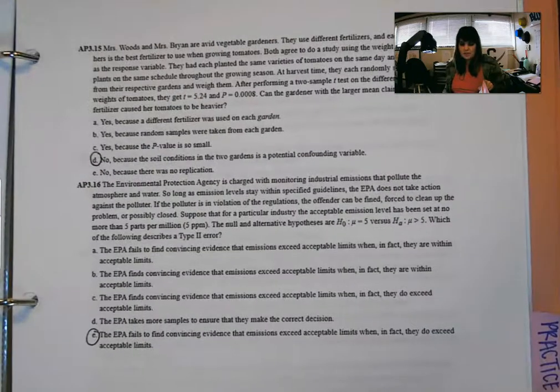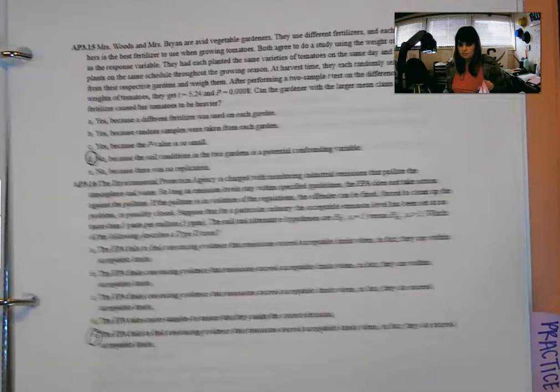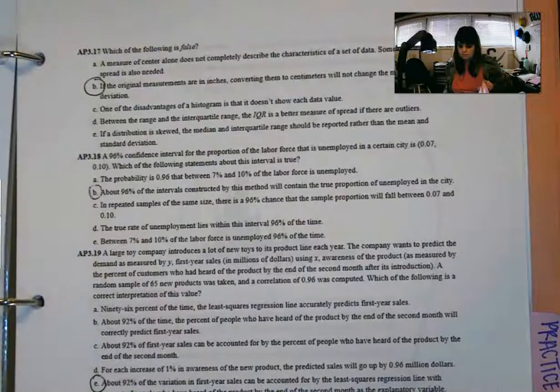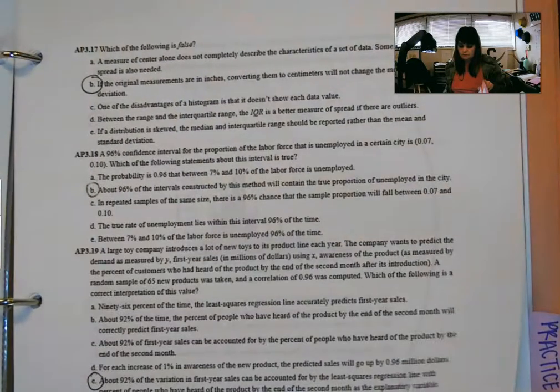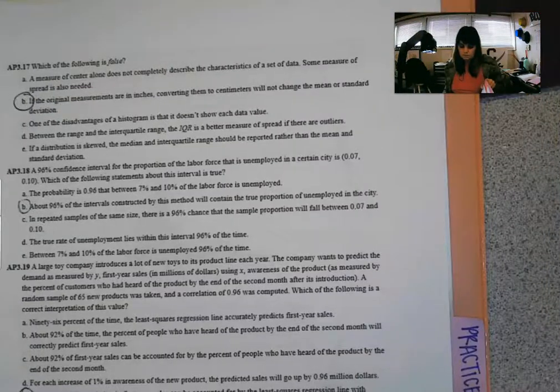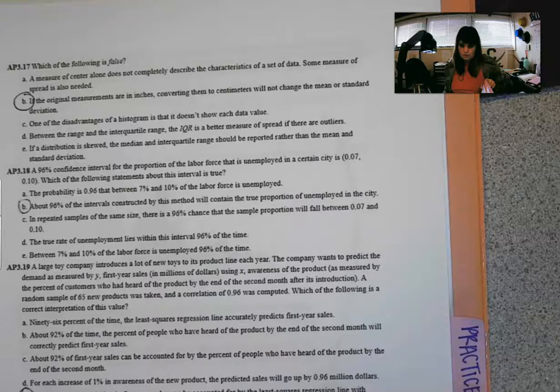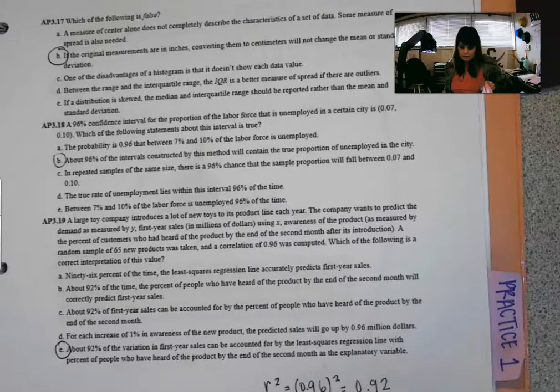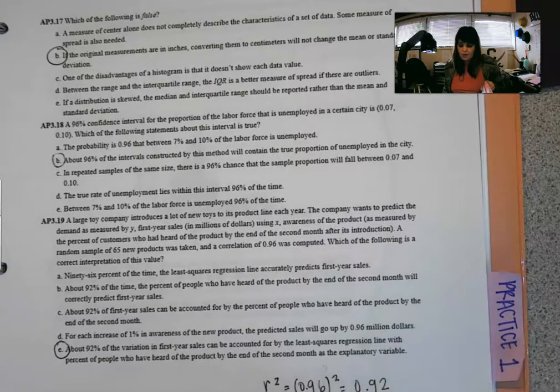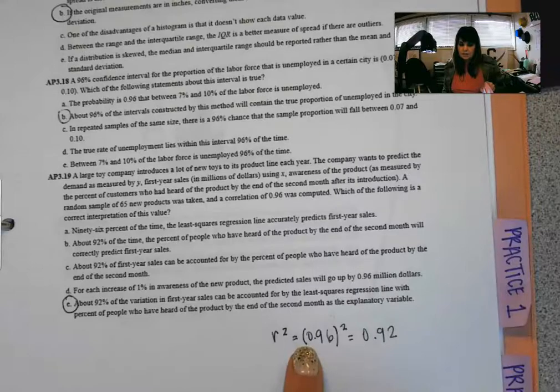This is 46. 47. They give you the value of R for number 19, and you need to use R to find R squared.